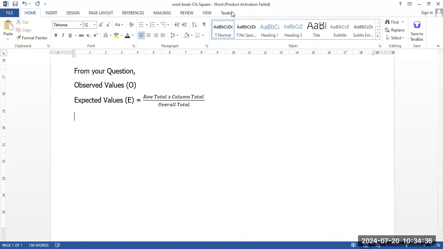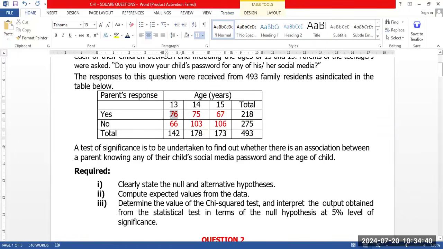But in this question, you observe at this point where you have 76, what is the row total corresponding to 76? When we are talking about row, this is row. Then this is column. So what is the row total corresponding to 76? Row total is 218.